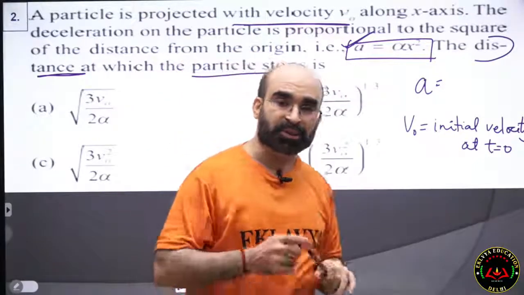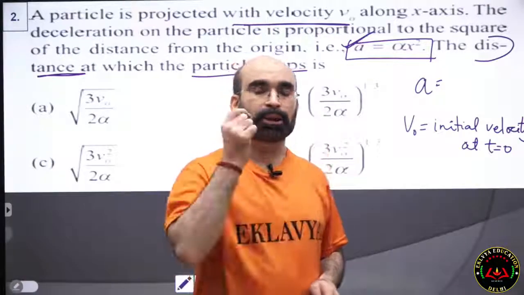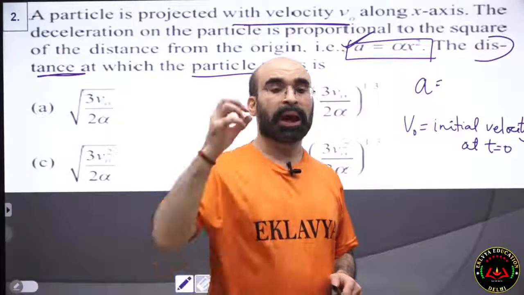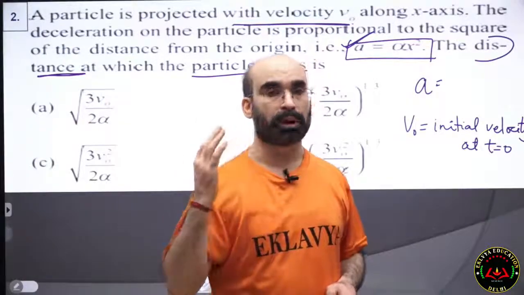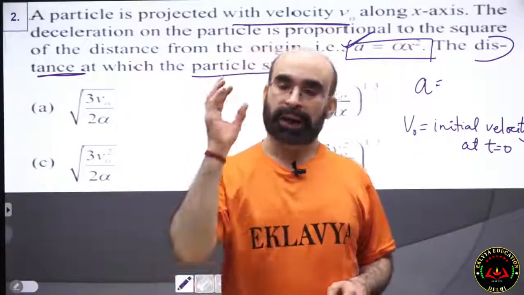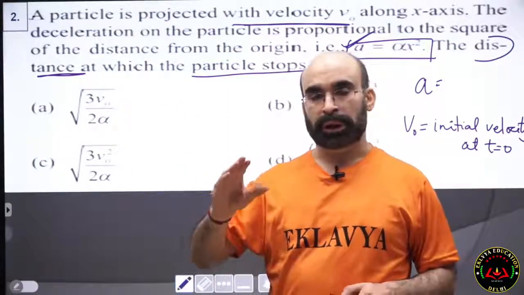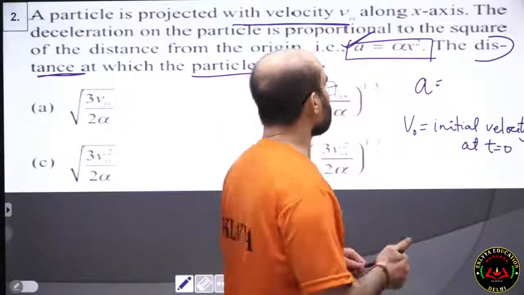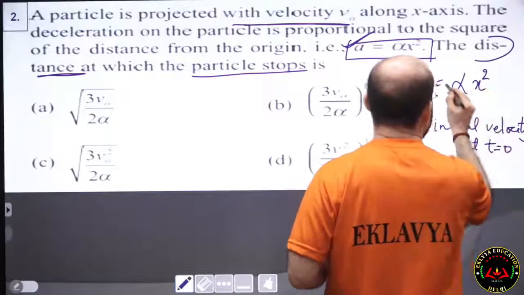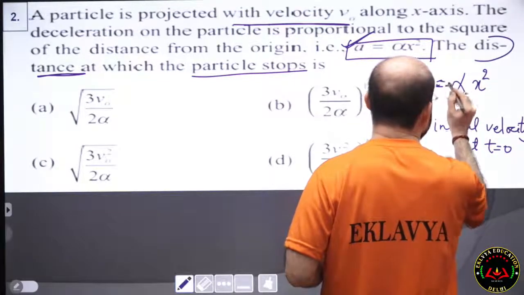Acceleration here is given in terms of displacement. So we need to be very, very careful about this. Acceleration is given in terms of displacement. So we need to think about the expression of acceleration in terms of displacement, right? So this is alpha x square. So is this positive or negative? This is negative.